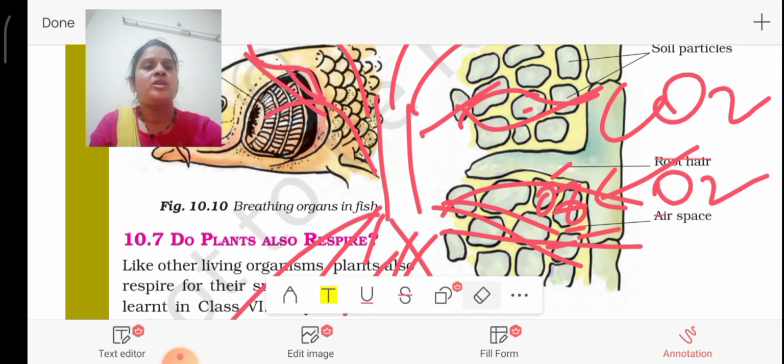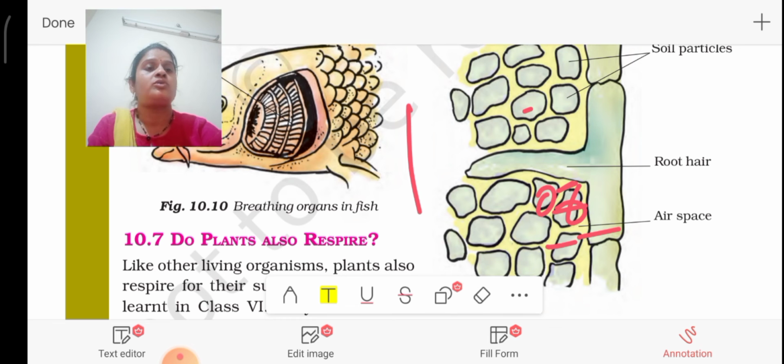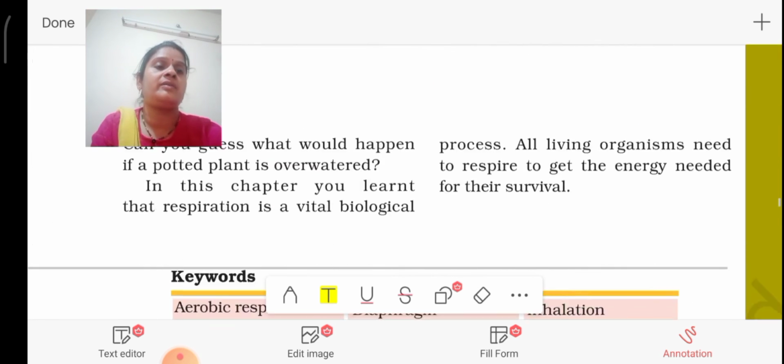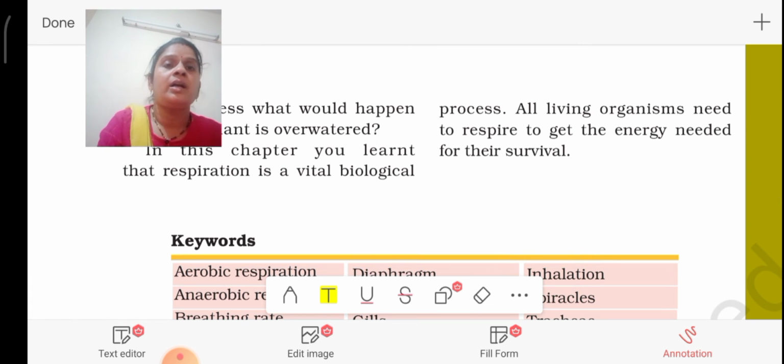In this respiration chapter we have covered so many topics: respiration in humans and animals, then in cockroaches, in plants, and fishes. So now we have come to know how important the respiration process is. This is a very important process for survival, for living.